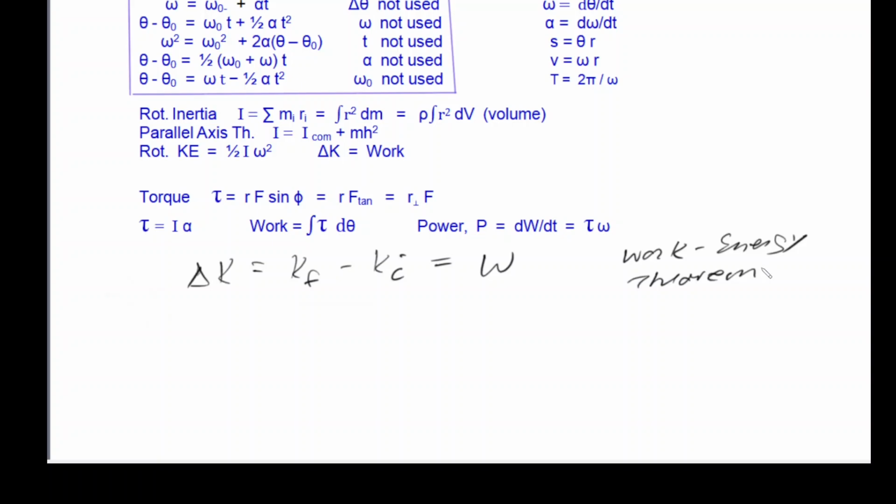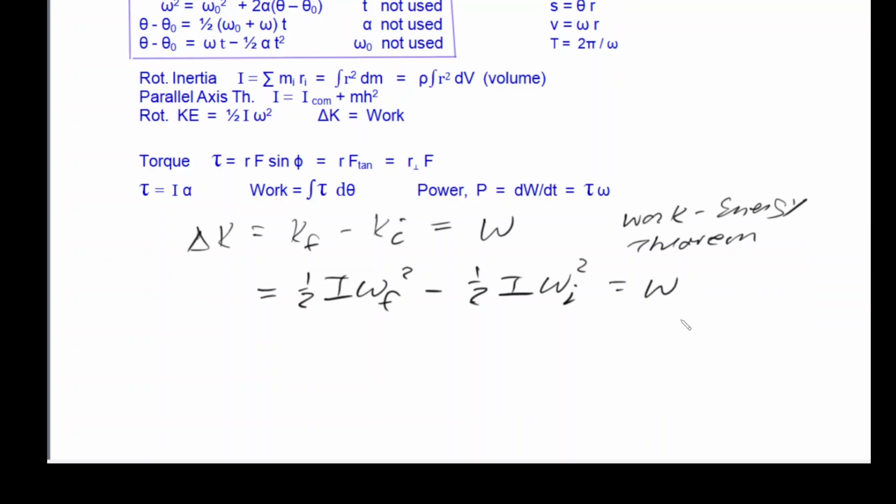Well, the same holds true for rotation. In this case, the kinetic energy is 1/2 inertia times angular velocity final squared minus 1/2 inertia times angular velocity initial squared. And that's the work done during the rotation.